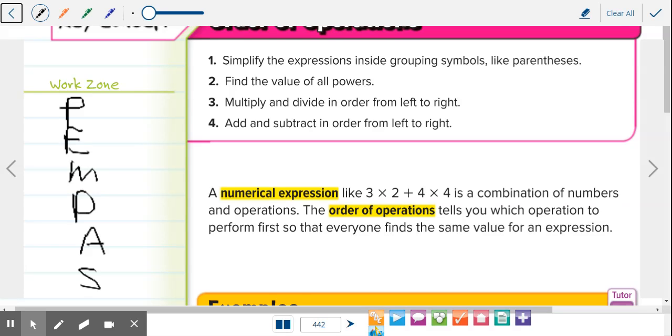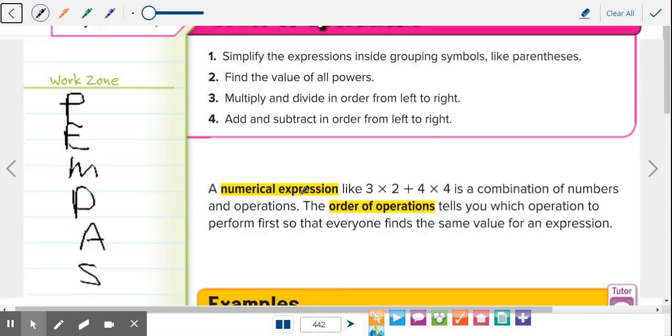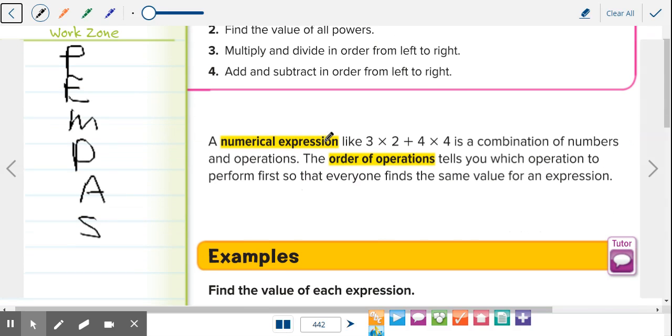Okay, it's like you're reading a book. We always do it left to right first, okay? So I'll show you what I mean by that. So basically what they're going to do is give you a numerical expression like 3 times 2 plus 4 times 4, okay? It's just a combination of numbers and operations. So in this one, we have multiplying and we have addition. So we have 2 different operations and we got a bunch of random numbers, okay?